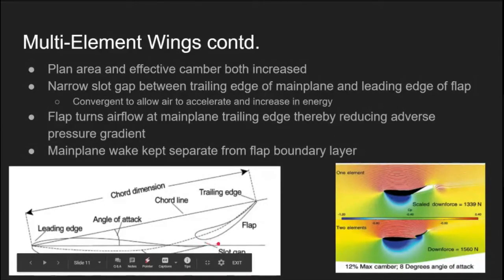And it combines with this air, and it basically re-energizes the air that's coming from here to be able to make it to the end of the actual airfoil, right? If you didn't have the gap, it becomes hard for the air to make it to the end because it's fighting a pretty steep adverse pressure gradient. So what you're doing here is you're just giving it a little bump. You're adding a little bit more energy to the flow so it can make it to the end, right?